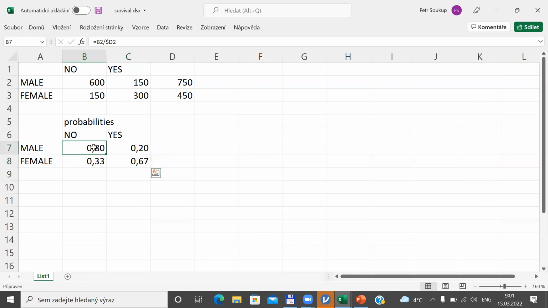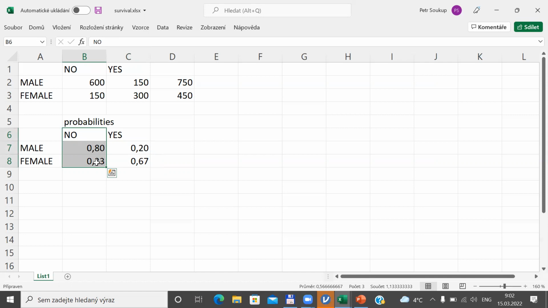So I can compute odd for male and I can compute odd for female. For simplicity, as the first column is no, I will be computing odds or chances whether they didn't survive, or chances to die. I know this is not a very nice expression, but currently we are totally out of values.